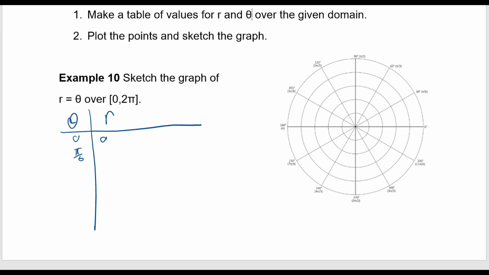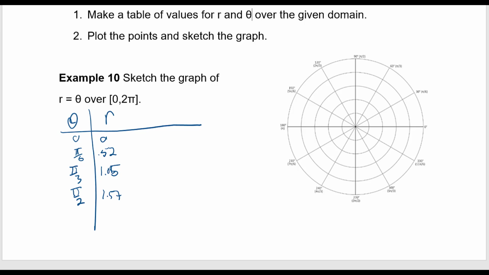Maybe it's good just to get the decimal approximation of that. So my calculator boots up. Pi divided by 6 is 0.52. Then we'll do pi over 3, 1.05. Then pi over 2, 1.57.